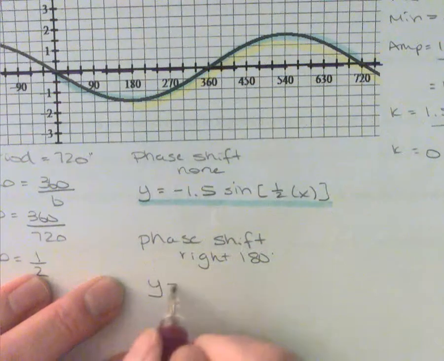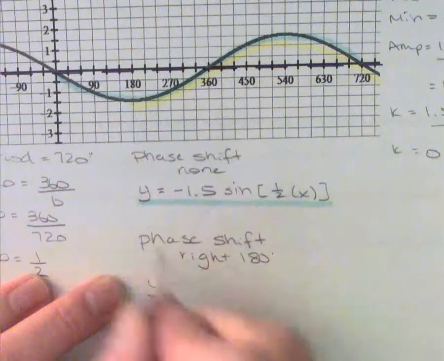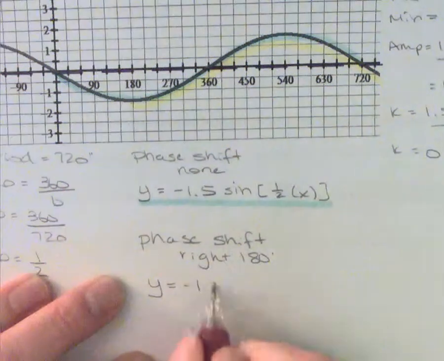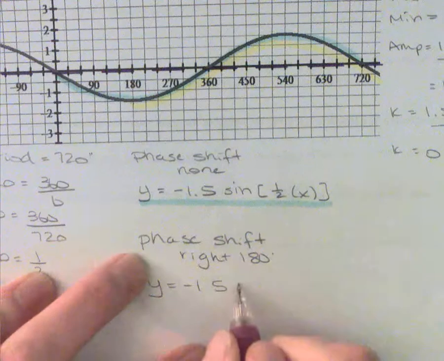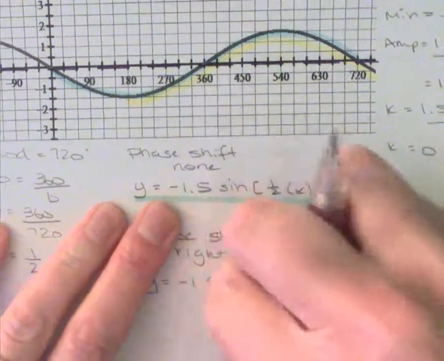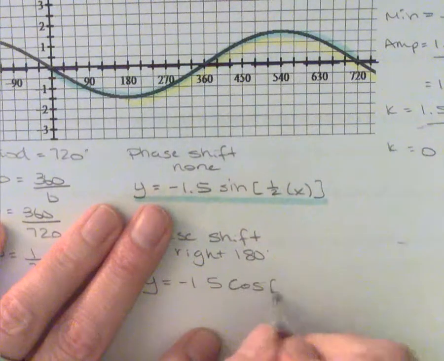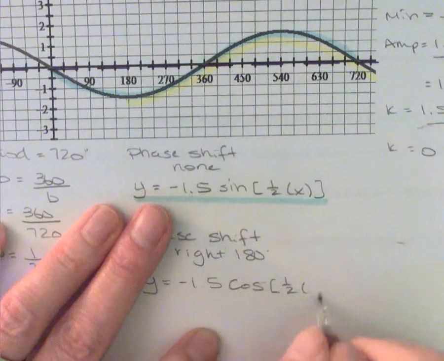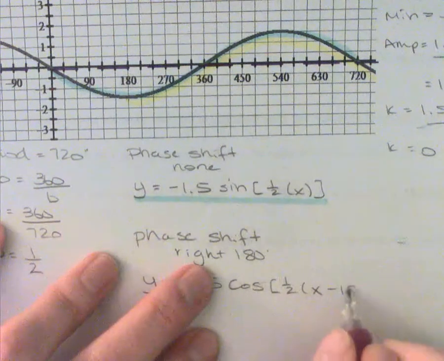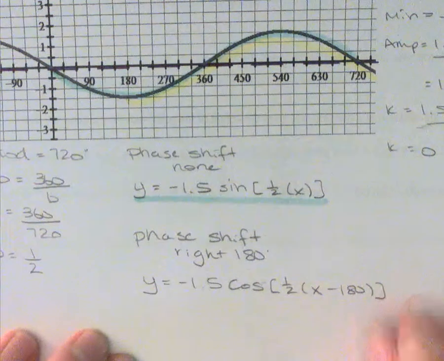So I can say that y is equal to, we did do a reflection, so minus 1.5 because it started at a minimum, cos, I have my 1/2 for my b, x. I do have a phase shift, but again, no k.